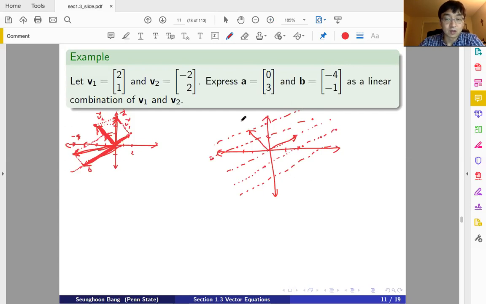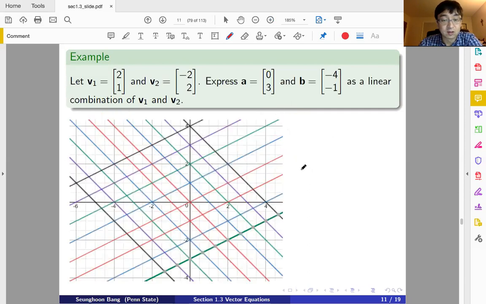Similarly, you can draw parallel lines, passing through the x-intercepts 1, -1, 2, -2, or something like that. You can draw a lot of parallel lines like this.